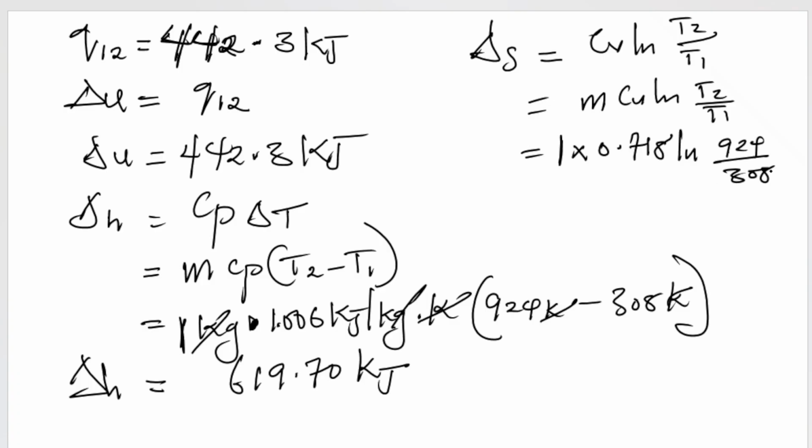You punch your calculator and get a certain value for change in entropy. The value I got from my calculator was 0.789 kilojoules per Kelvin, and this is the unit for entropy. So we've succeeded in getting the work done of the system and also the heat enjoyed by the system.